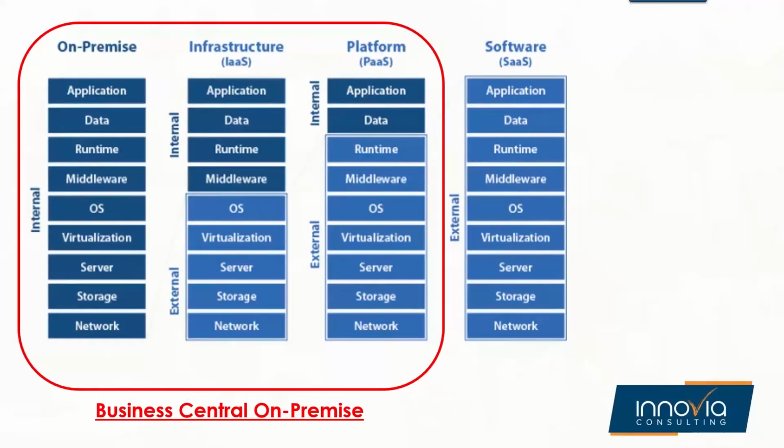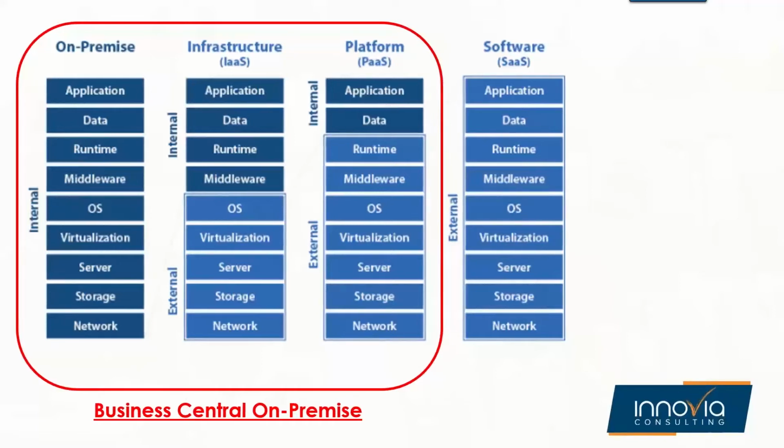Today, we're going to be focusing on Business Central on-premise. So when you're talking about Business Central and NAV, there are still really only two installation methods. One is on-premise, which encompasses on-prem, infrastructure as a service, and platform as a service. And then the last model is SaaS, which is its own.